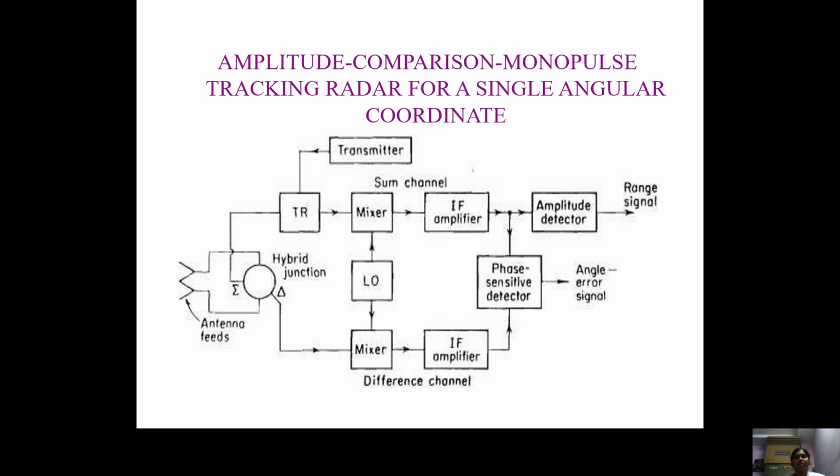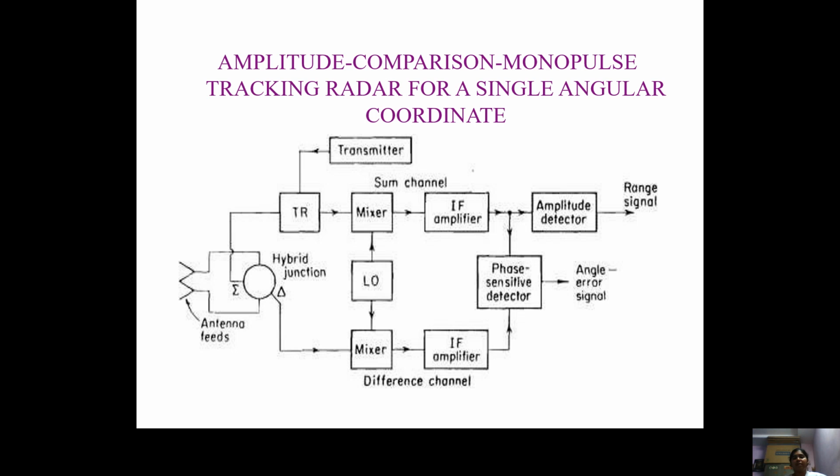The sum pattern is used for the transmission, whereas the difference is used to extract the difference channel, which is used as the reference channel to compare the phase shift of the received echo pulse and the difference pattern. When the sum is generated, it can be transmitted using the transmitting antenna available in the duplexer.